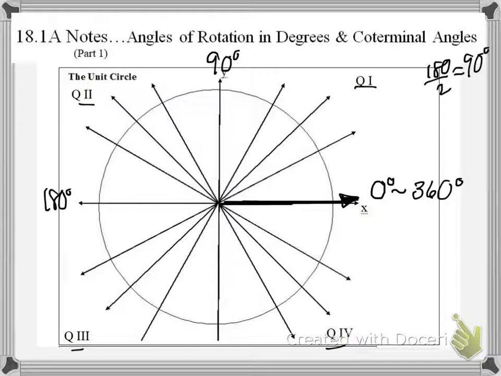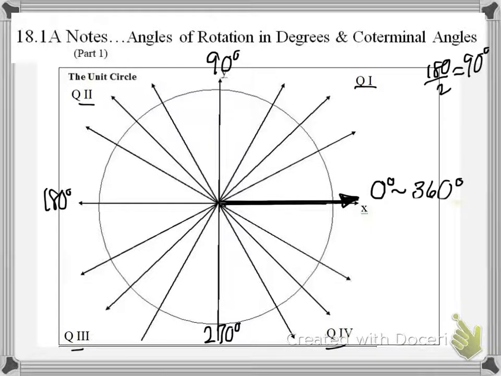If I go around my circle, I can say 90 degrees plus 90 degrees is 180, plus another 90 degrees is 270 degrees, plus another 90 degrees takes me back to 360 degrees. And then I need to split that up and have numbers on all of those other lines.